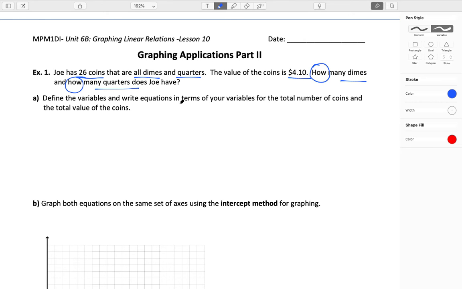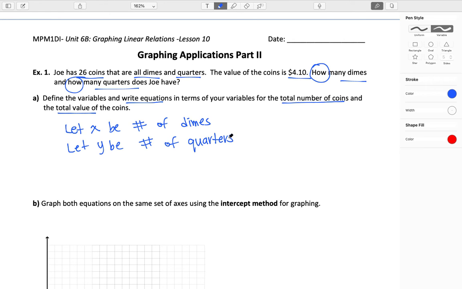So it looks like we have to define the variables and write down the equation for the total number of coins and the total value of the coins. So when we are given a money problem, we always set, because it's asking how many, let X be the number of dimes, and let Y be the number of quarters, because that's what the question is asking.